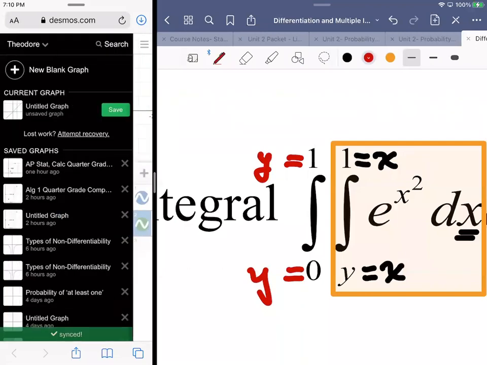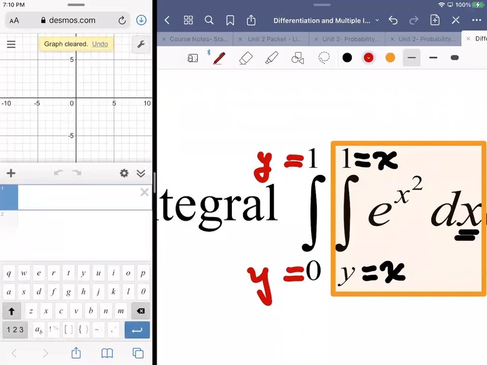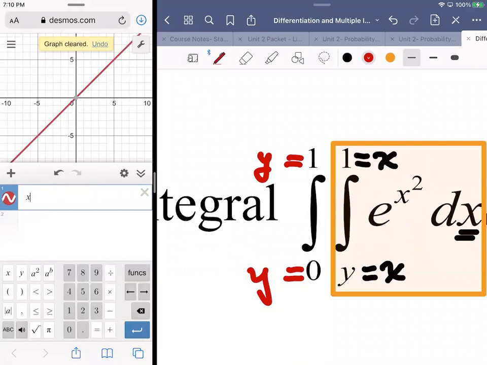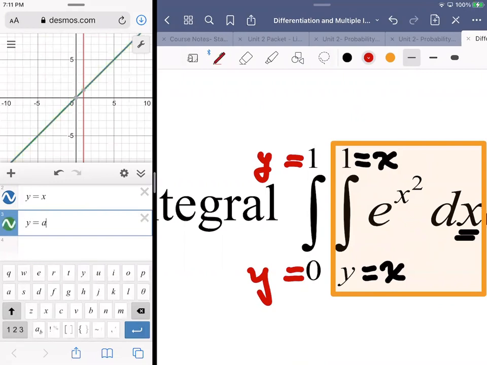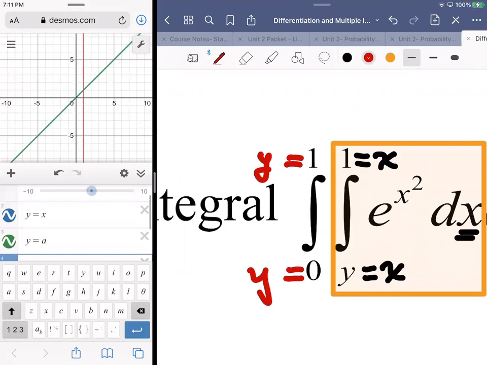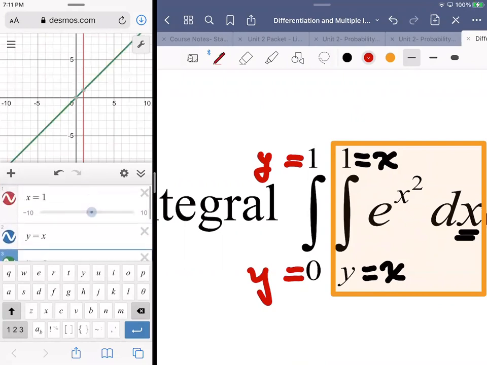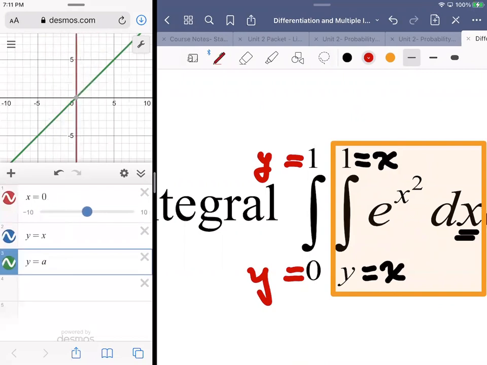File, new, x equals 1, y equals x, and then let's say y equals a. That's not what I wanted to do.